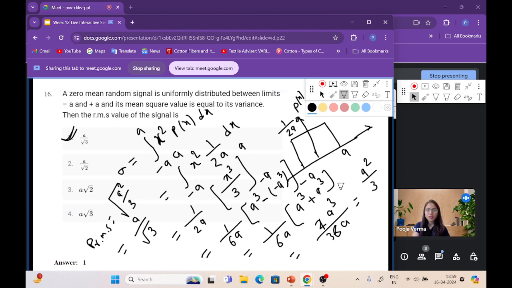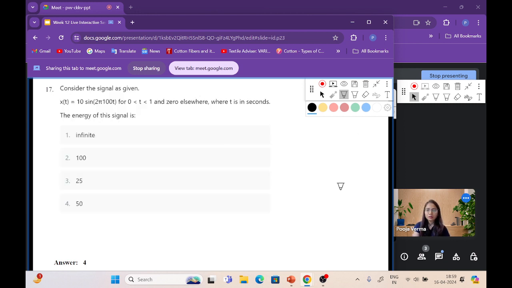Moving to the next question. Now the next question is: consider the signal as given. The signal is given as x of t is equal to 10 sine 2 pi 100t, where t varies from 0 to 1 and 0 at other places, where t is in seconds.